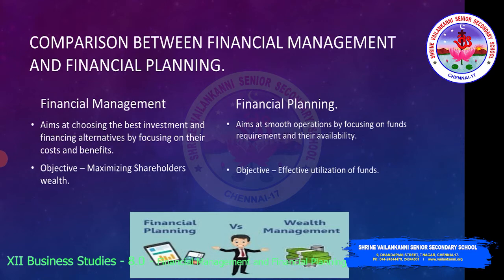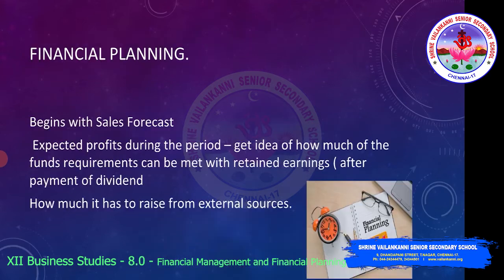The next one that we are going to discuss is how financial planning begins with the sales forecast. First you need to know what is the revenue that's going to come into your business. What is the inflow? That's called the sales forecast. Then estimating profits during the period gives an idea of how much of the funds requirement can be met with retained earnings after payment of dividend.